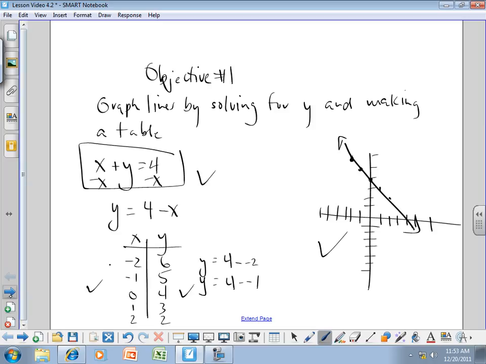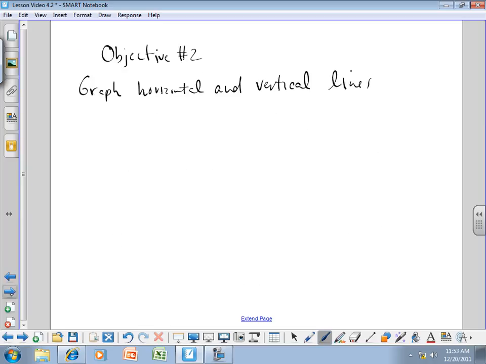Good. Let's look at the second objective. The second thing they're going to want you to do is graph horizontal and vertical lines. Well, you need to understand that horizontal lines are always going to be y equals a number, and vertical lines are always going to be x equals some number.